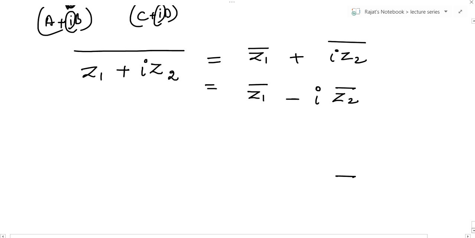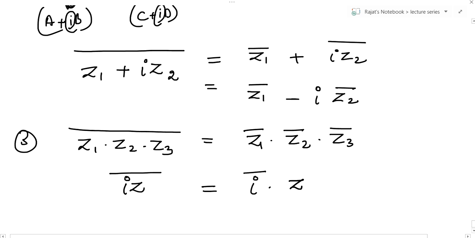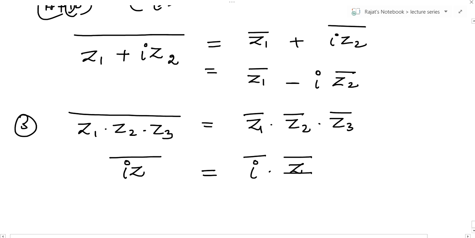This brings me to a very important property, the distribution of conjugate over multiplication. Conjugate of z1 into z2 into z3 will be z1 bar into z2 bar into z3 bar. This property is what I've used here: there are two complex numbers i and z, and I distribute the conjugate over them, so conjugate of i is minus i, into z conjugate.